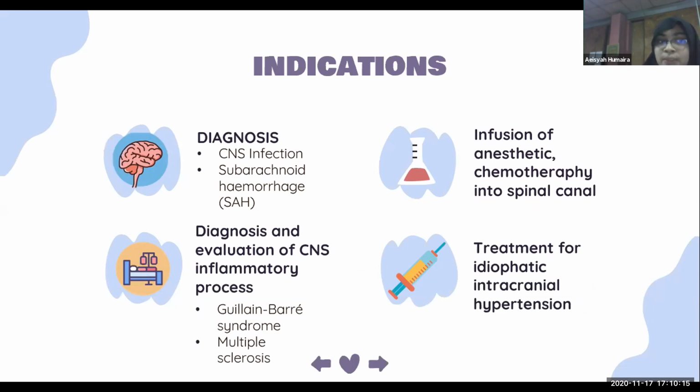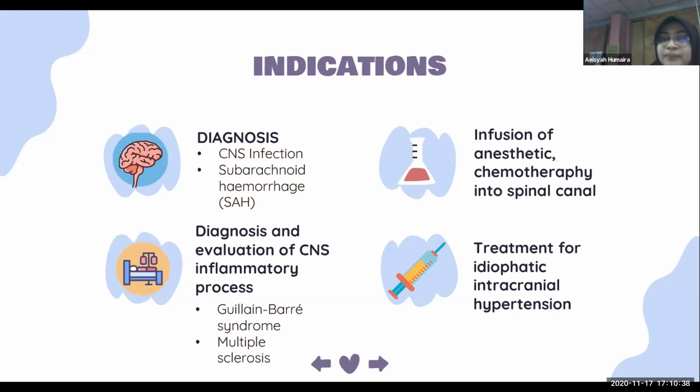It can also be used for epidural and spinal anesthesia and for infusion of chemotherapy in patients with malignancy. And lastly, it is used for therapeutic purposes in removing excess CSF, such as in idiopathic intracranial hypertension.